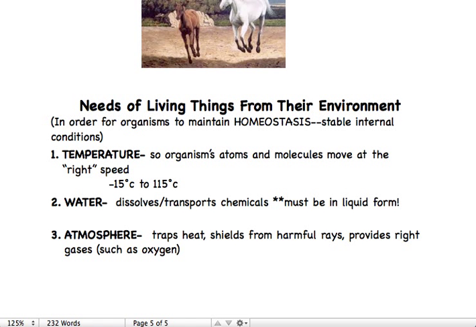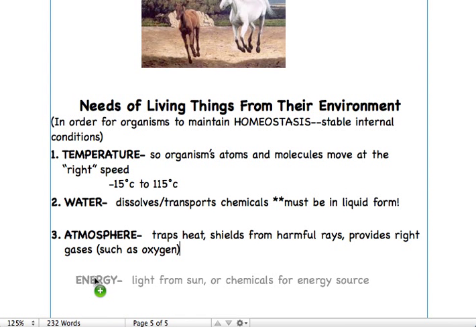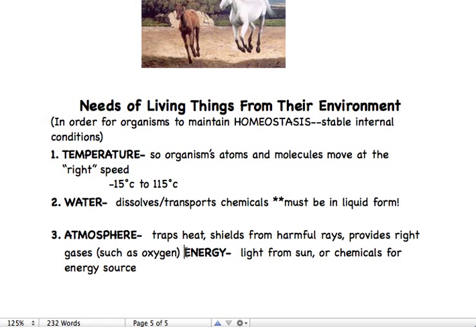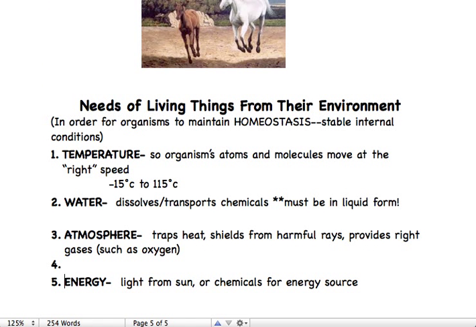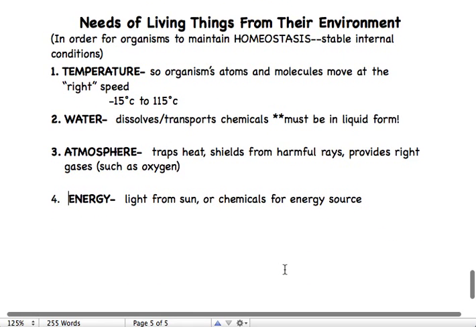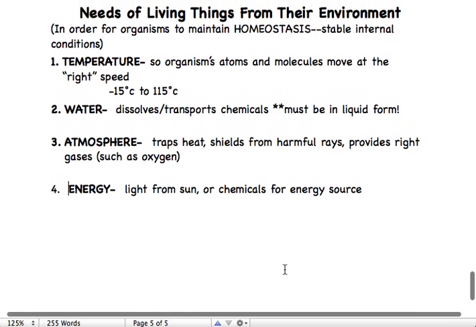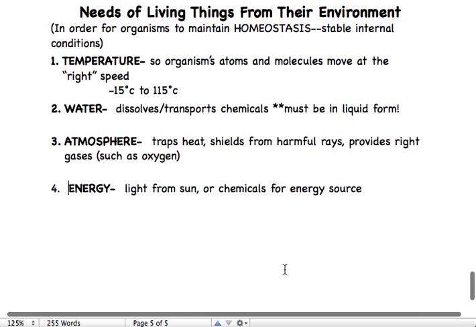Okay, and we've said the next one, number 4. We've talked about this before, but again, from its environment, living things require energy. Light from the sun or chemicals from an energy source. When we were talking in class, I reminded everybody that the ultimate source of energy is the sun.